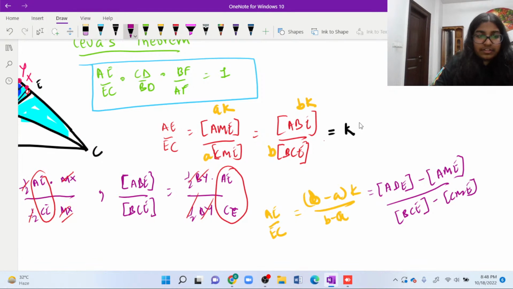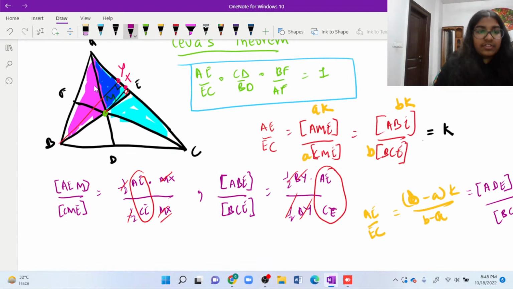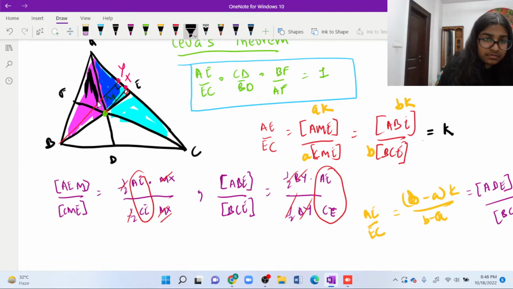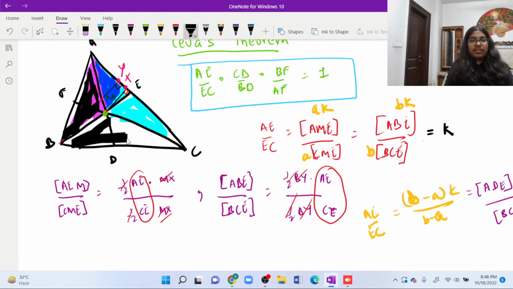If you notice it in the figure, this value is just area ABM and CBM.